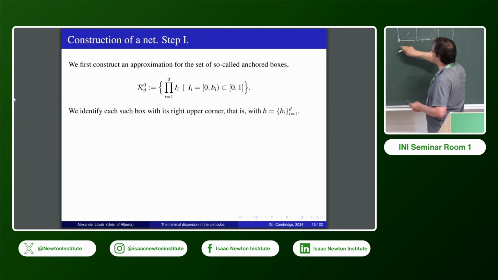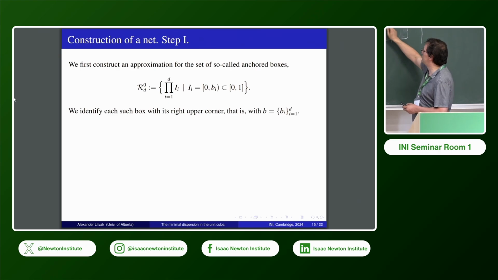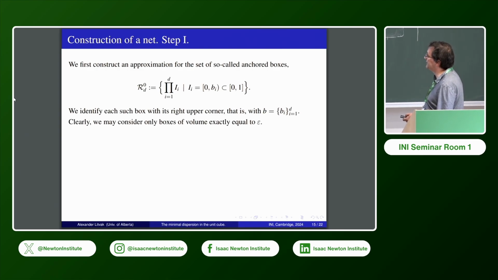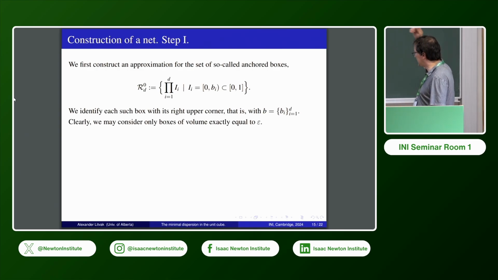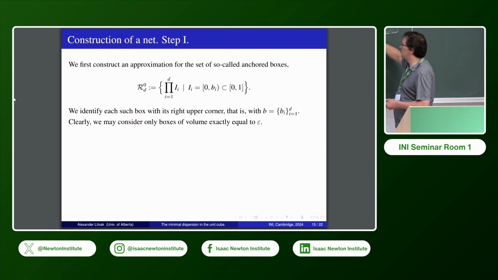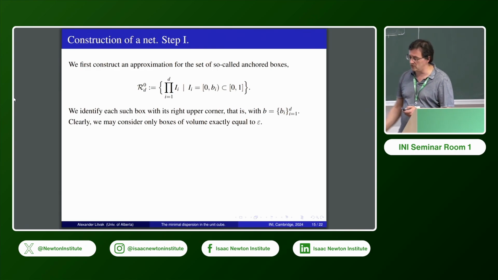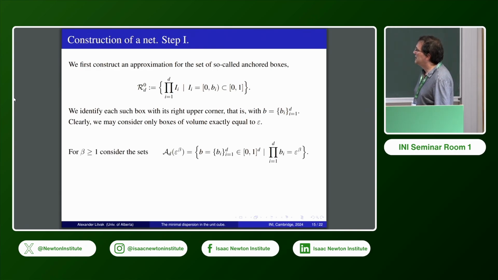Of course, because one corner is at 0, I can identify each box with its upper right corner, so just with one vector. And I also can fix that I consider only boxes of volume exactly epsilon. I don't need to consider all larger than epsilon.